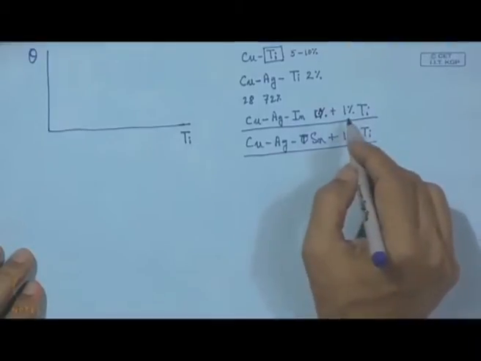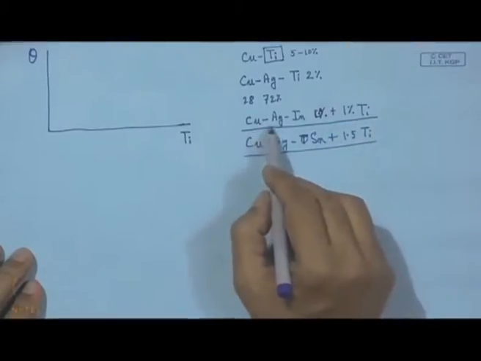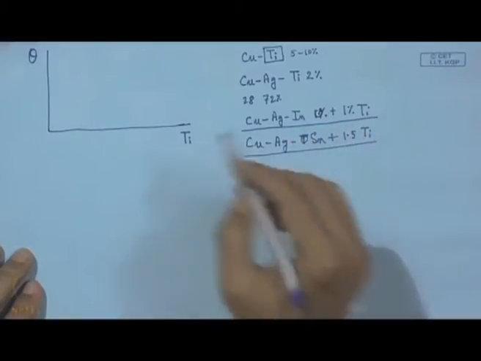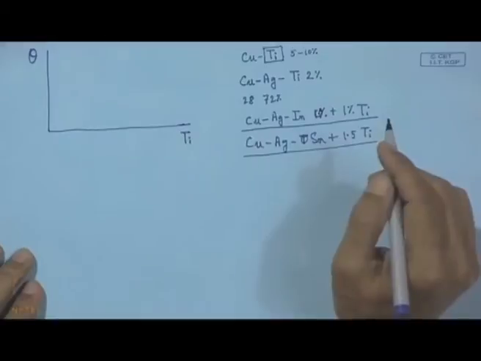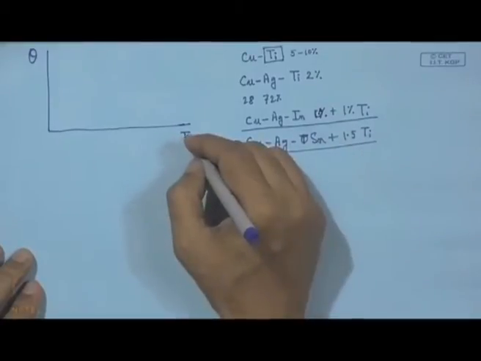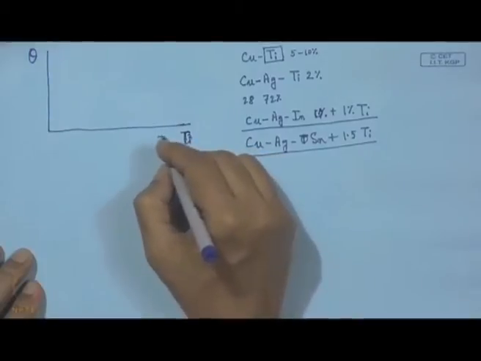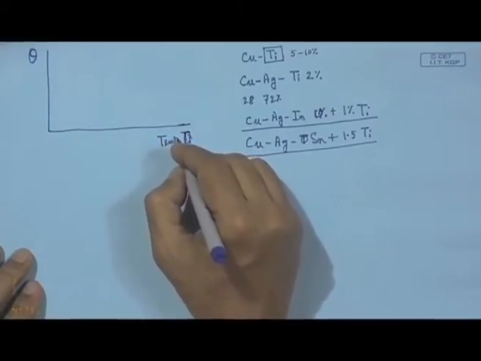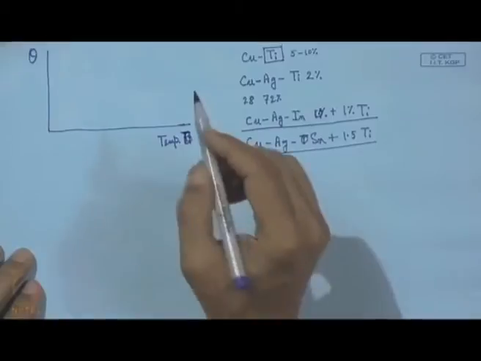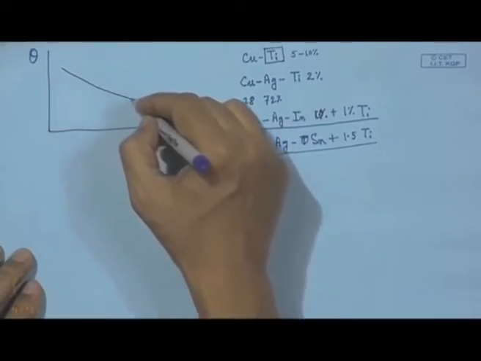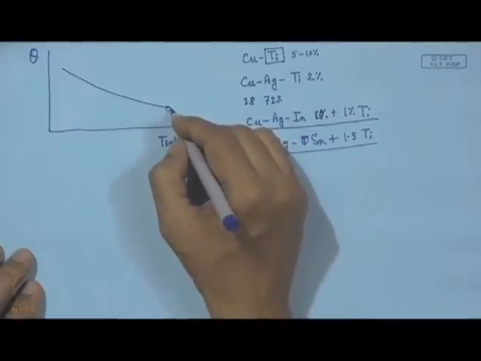Say when we use copper, silver, indium with 1% titanium, we can have a curve. Here it is actually temperature, and with temperature it is a falling curve.